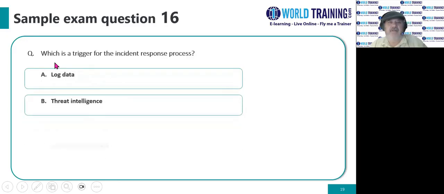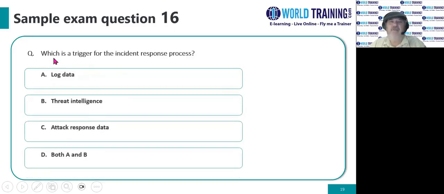Okay, question 16. Which is a trigger for the incident response process? Log data, possibly, yes. Threat intelligence, that's usually not part of the incident response. You might want to arrange things according to threats, but incident response is usually disconnected from threat intelligence per se.